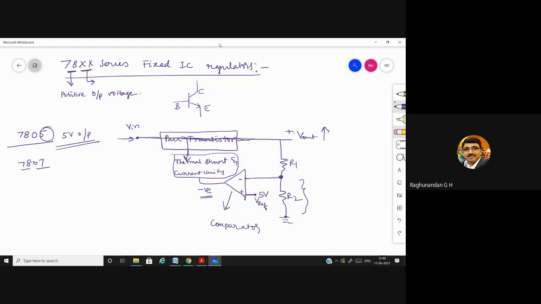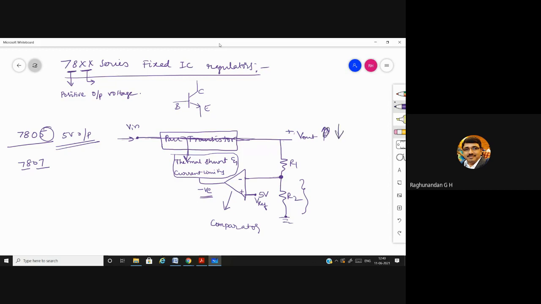Just remember that the thermal shunt, which is connected parallel to the pass transistor, and the current limiting circuit, which is also connected parallel to the pass transistor, are going to drive some current towards themselves, such that the current moving outwards will be reduced. Now, since the current moving towards the output is reduced, the voltage automatically starts reducing.